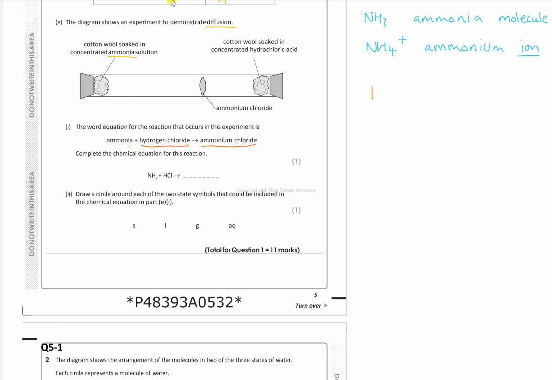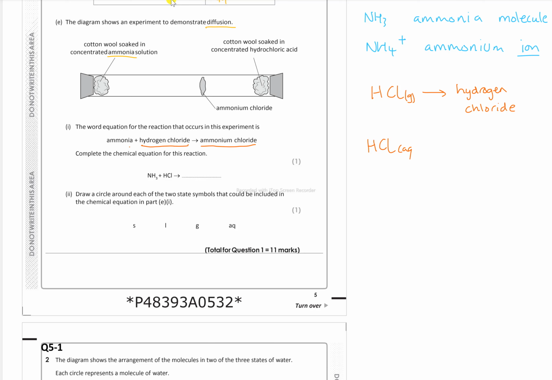This is another one that you need to know as well. Hydrogen chloride, when it's not mixed in water, is called hydrogen chloride. Let's just say it's a gas and it's evaporating away.